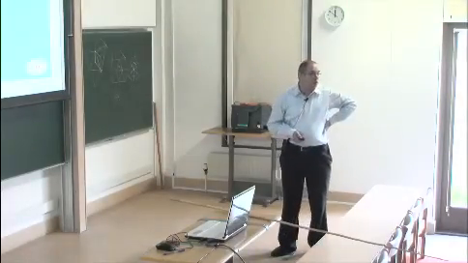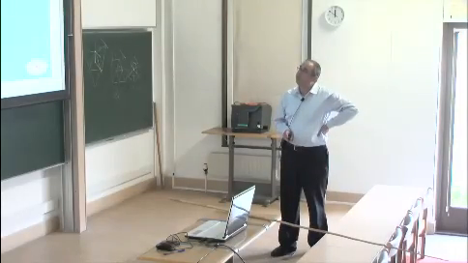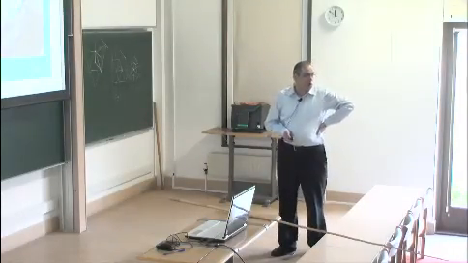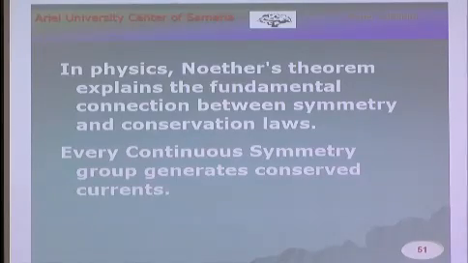Now, if we have a symmetry group, which is a diffeomorphism symmetry group, then we can use the result of this lady, Emmy Noether, which tells you that for every continuous symmetry, you have conserved currents.